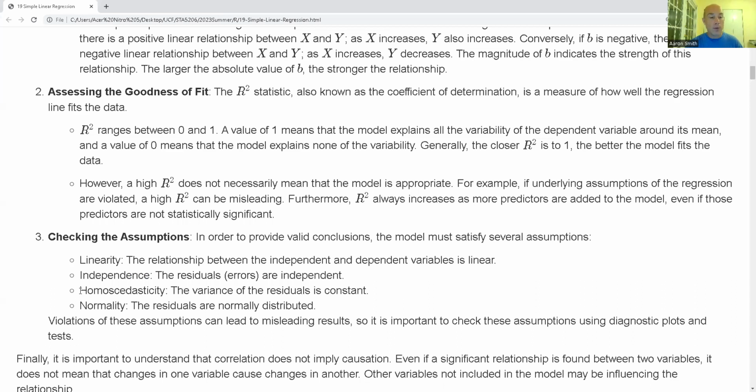We also need mean zero and constant variance. So homoscedasticity, the variance of the residuals is constant with respect to x. And then normality, the residuals are normally distributed. Violations of these assumptions can lead to misleading results. So it's important to check these assumptions using diagnostic plots and tests.